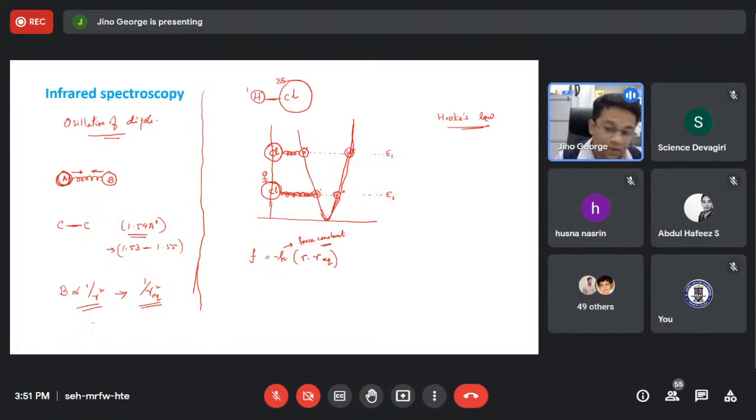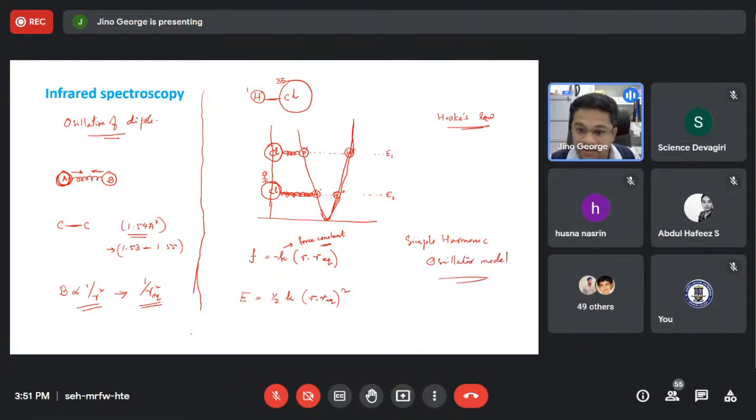So the corresponding energy classically I can write as half k (R minus R equilibrium) squared. This concept is called the simple harmonic oscillator model.